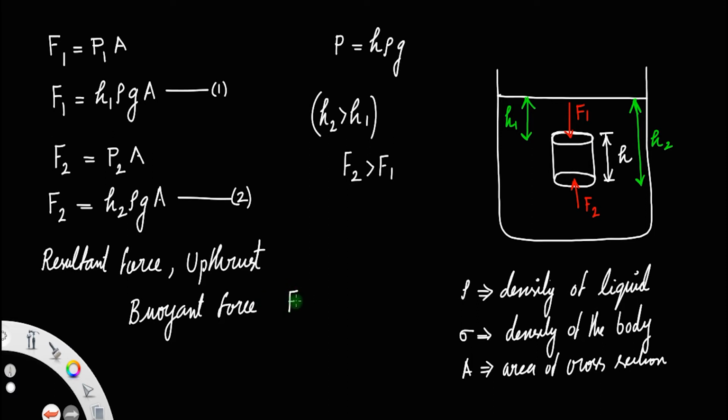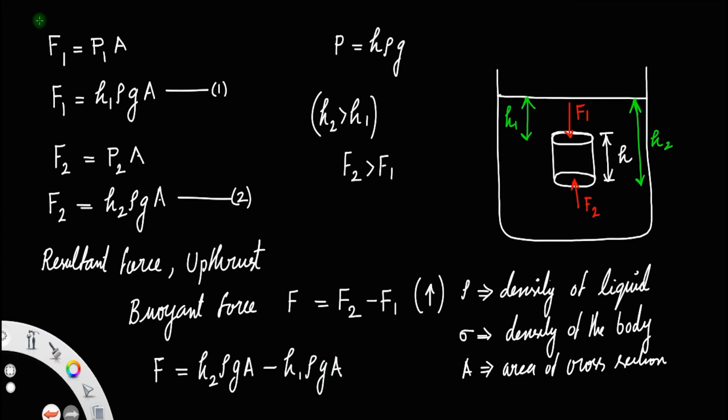Let's call that F. Since F2 is greater than F1, we have resultant force equal to F2 minus F1, and since the direction of F2 is upward, the resultant upthrust or the buoyant force is in the upward direction. Clear? Now if you substitute the values of F2 and F1 here, we get h2 rho g A minus h1 rho g A.